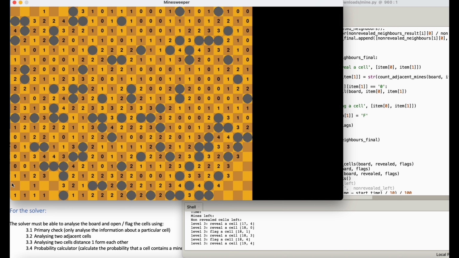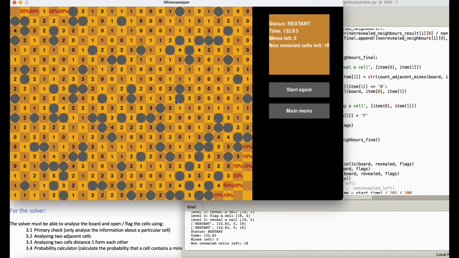And we can see that it all sums up to a good board, as we can see that all these cells have the required number of mines. Yes, and the solver did basically the same as we saw in the console.